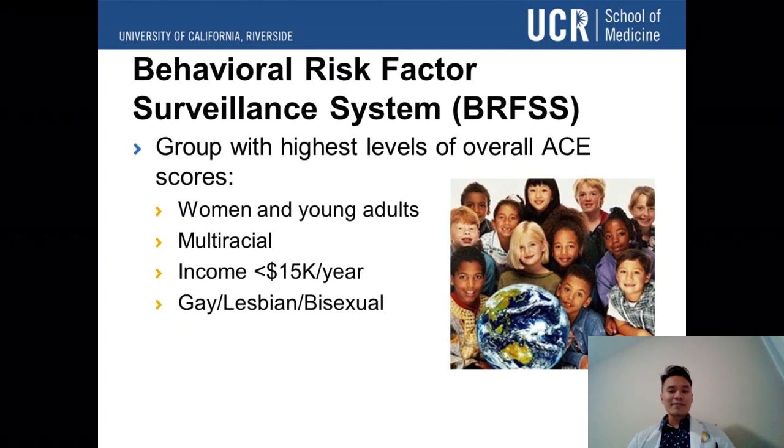Groups with the highest level of overall ACE scores were women and young adults, multiracial people, people who had incomes less than $15,000 per year, or those with different sexual orientations, such as gay, lesbian, bisexual, and many others that are just as valid but are not listed here. So you can see, basically people who are different, people who don't fit the stereotypical Caucasian cis male can be very prone to higher adverse childhood events.